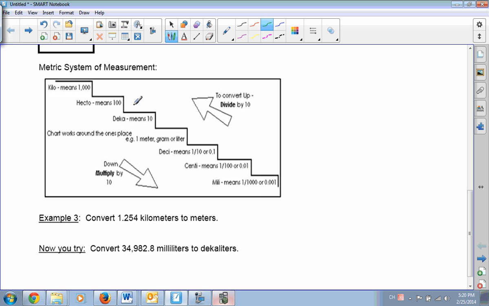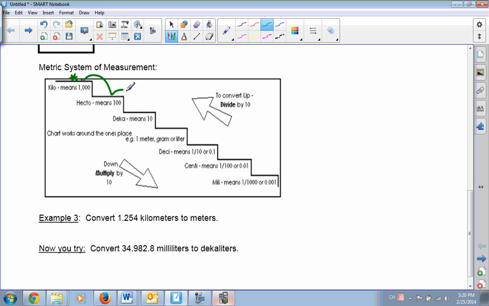So if we're jumping staircases here, each stair is a decimal place. Say we're going from 1.254 kilometers, which is way up here, and jumping to meters. If we are moving down, check out this arrow here, we multiply by 10 every step. We start up here in kilo, then jump to just meters, the middle step.